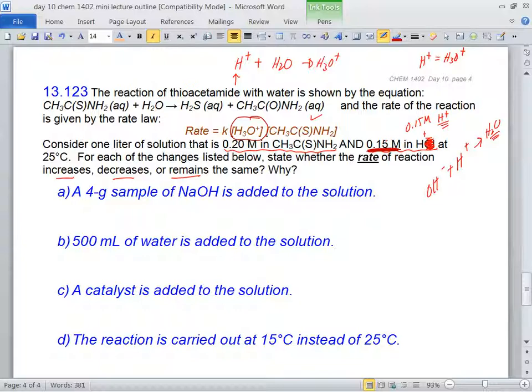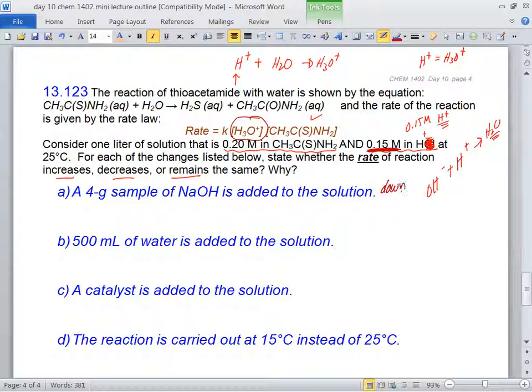So you're not going to have 0.15 molar, it's going to be lower. That's the whole point. If that hydronium ion concentration in brackets is lower, then the rate's going to go down. That's the game you're playing.